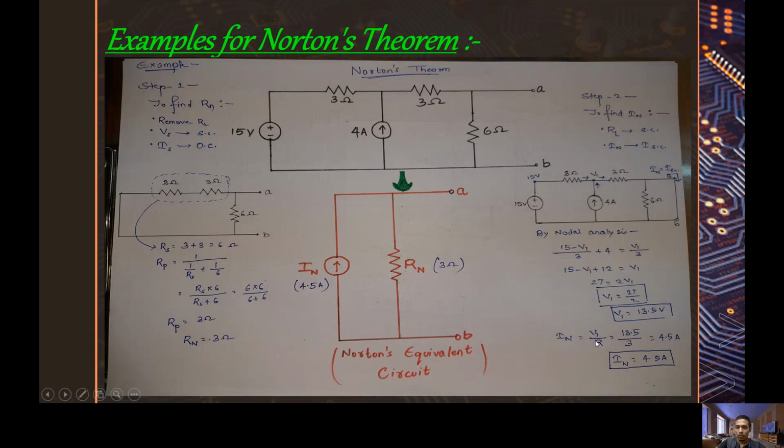Now, Norton current equals V1 by R, where V1 equals 13.5, R equals 3 ohm, which gives 4.5 ampere, where R is the Norton resistance, and we get Norton current as 4.5 ampere.